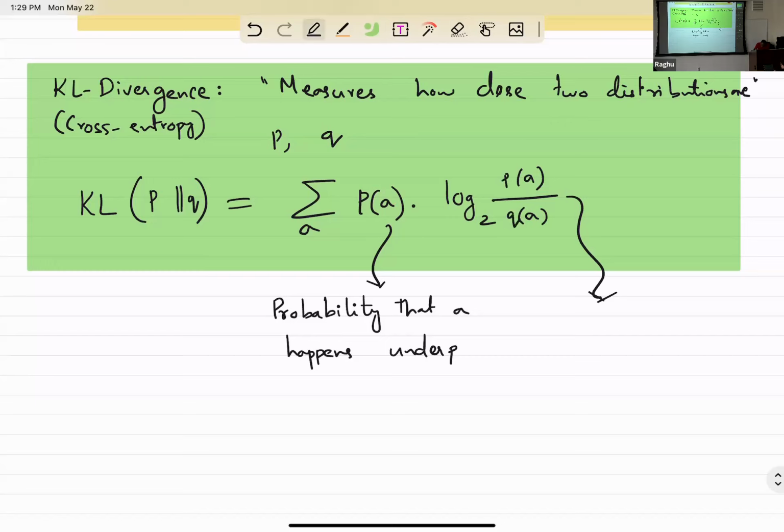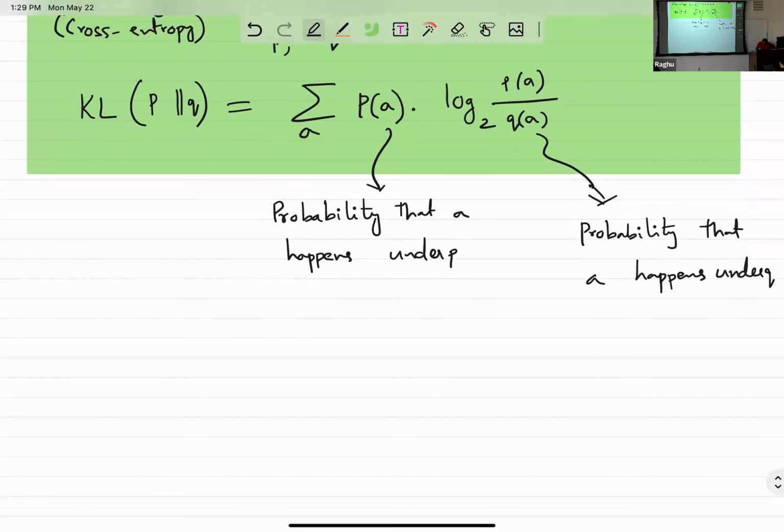This should be Q. And it's called cross entropy for the following reason.